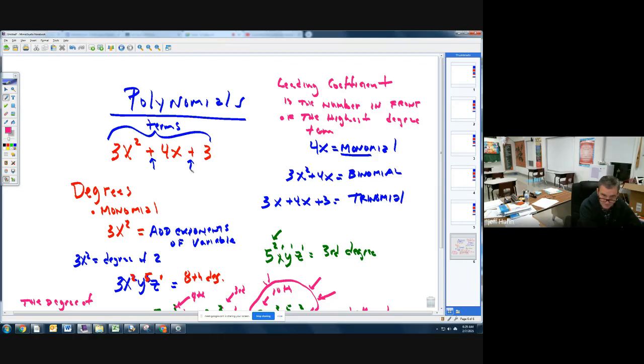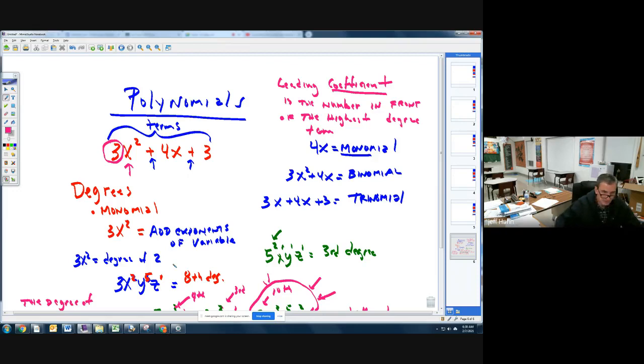In other words, going back to my original polynomial, since this x squared is the highest degree term, the leading coefficient of this polynomial is 3. Coefficient, ladies and gentlemen, just means numbers in front of whatever.